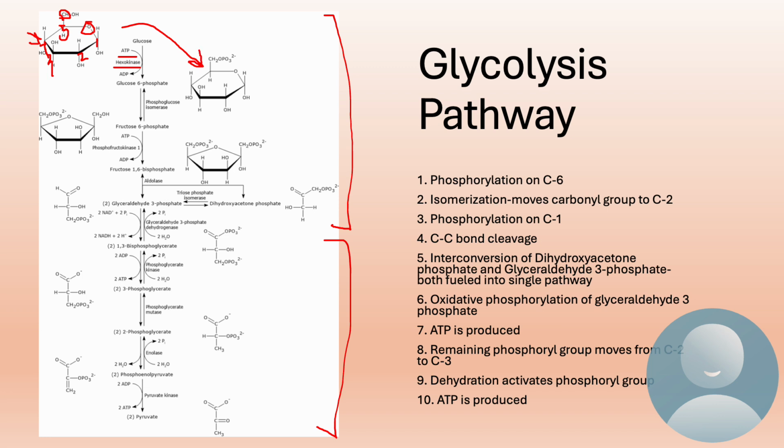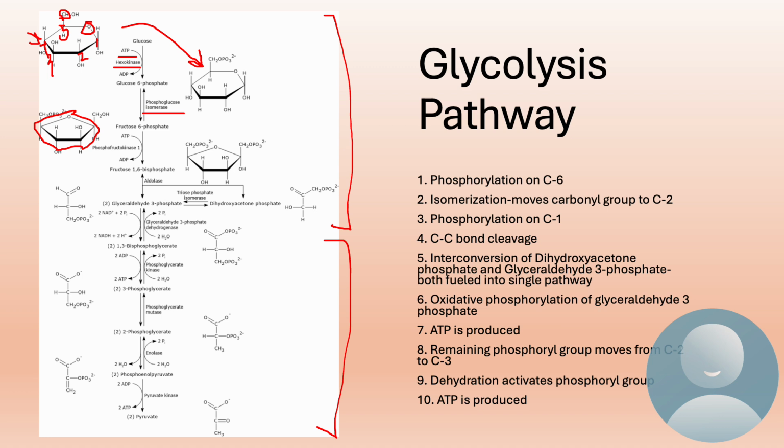The next step is isomerization, which is facilitated by phosphohexose isomerase or phosphoglucose isomerase. These are 2 different names for the same enzyme. And this moves that little carbonyl group to the 2nd carbon. So see now how we have a little pentagonal shape here, we have 1, 2, 3, 4, 5 sides.